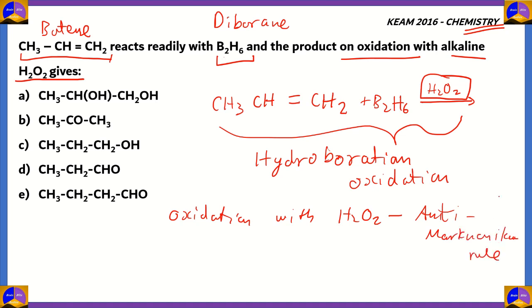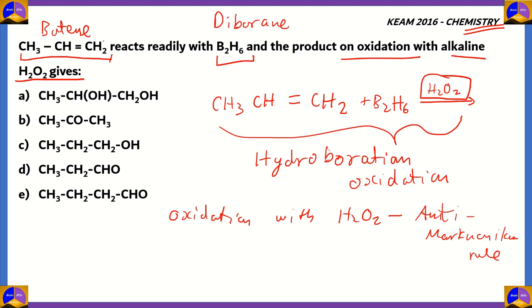So basically, the Markovnikov rule states that if you are reacting something, if you're oxidizing a particular organic compound with water, then the double bond will break and the hydrogen will go into the area which has more hydrogen, and the OH group will move to the other end.